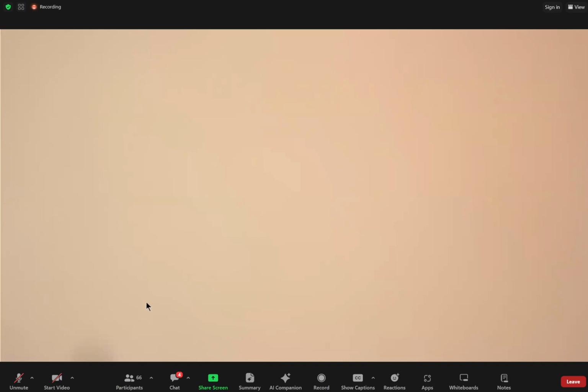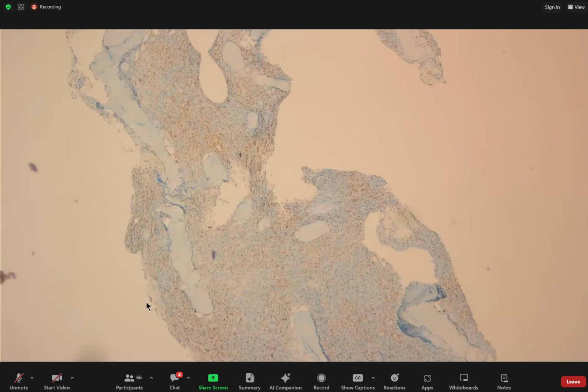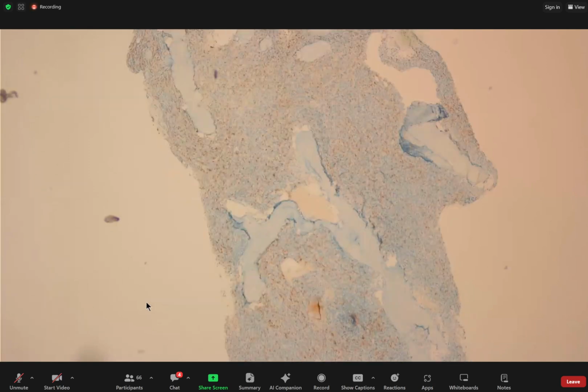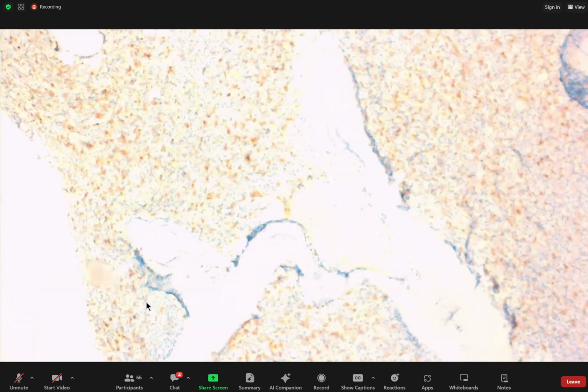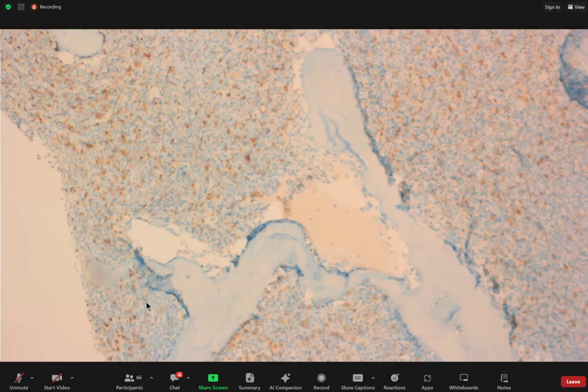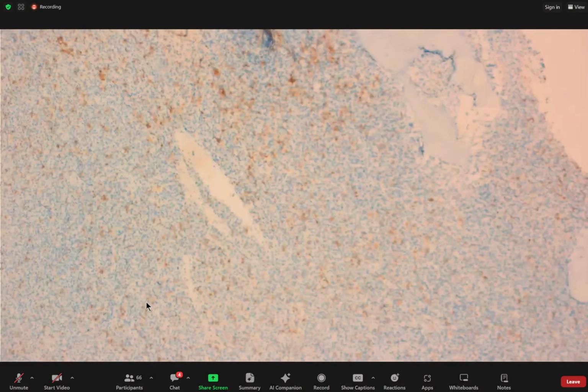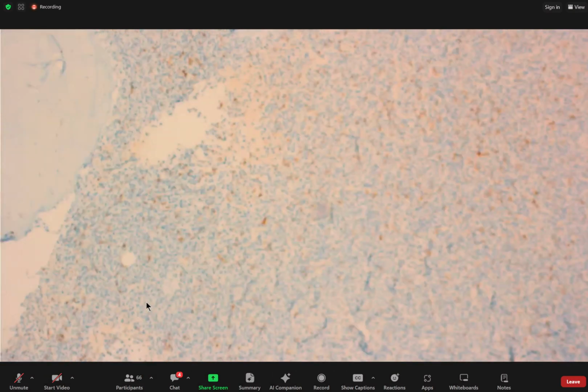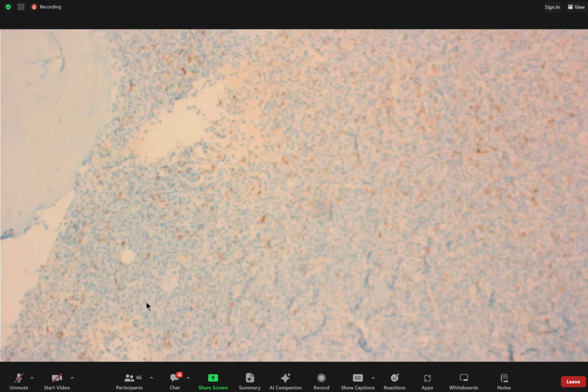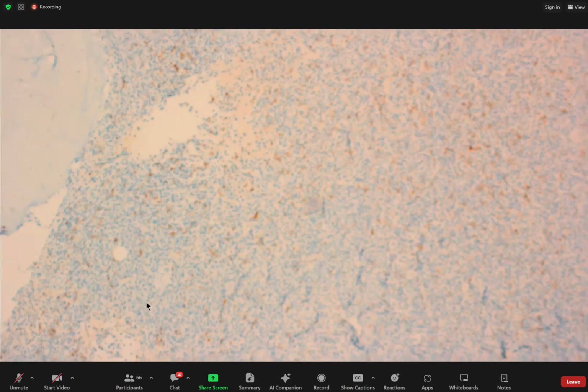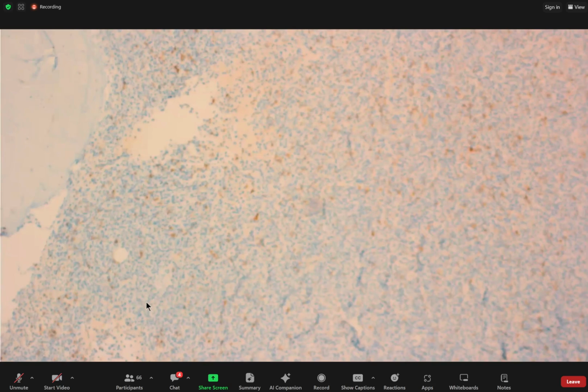How about CD23? Compared with CD20, actually CD23 is negative, because T cells can also pick up CD23.